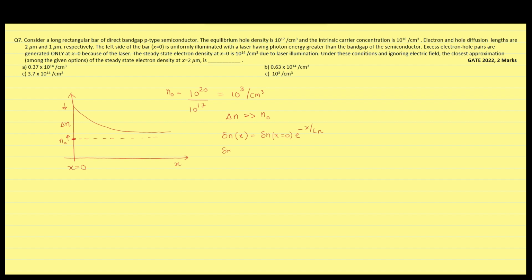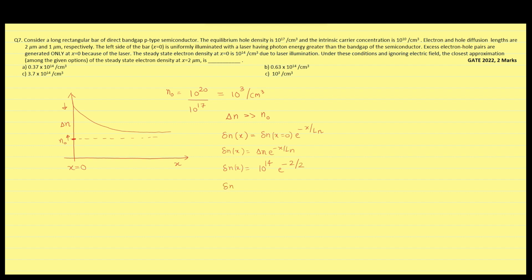Now you simply have to put the values. Delta N is provided 10 raised to the power 14. We are supposed to find the concentration at 2 micrometer, so X will be equal to 2 micrometer. Diffusion length of hole is also provided equal to 2 micrometer.